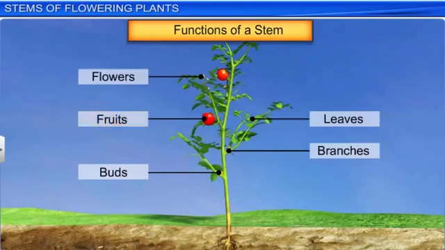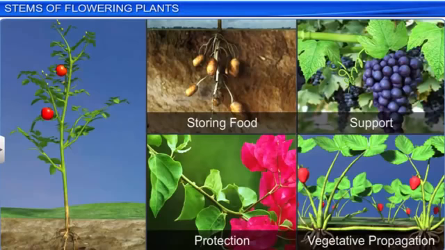It transports water, minerals and photosynthates between the roots and the shoots. Apart from these functions, the stems of many plants get modified to perform functions like storing food, providing support, protection, and aiding vegetative propagation.